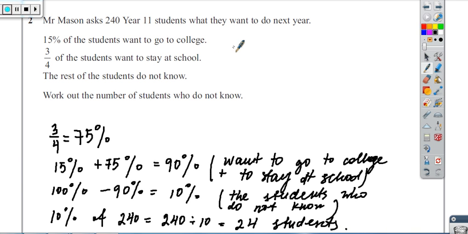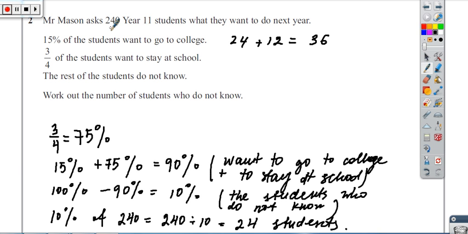Also, you can make a little plan or draft of your calculations, if you decided to simply calculate step by step. The number of students who want to go to college, say 15%: 10% is 24, plus half of it, which is 5%, so altogether it is 36 students who would go to college.